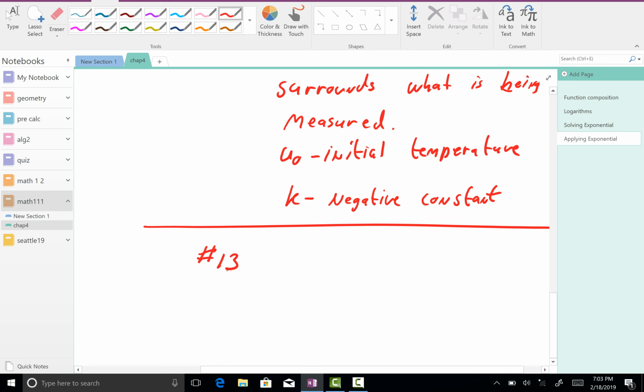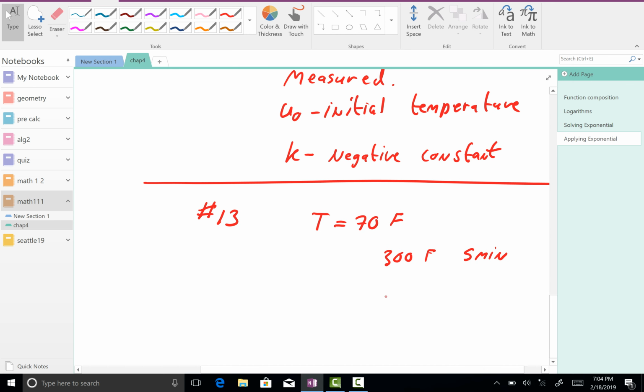A pizza baked at 450 degrees is removed from the oven at 5 p.m., placed in a room that's a constant 70 degrees. So T is 70 there. And after 5 minutes, the pizza is 300 degrees Fahrenheit. At what time can you begin eating it if you want it to be at 135?